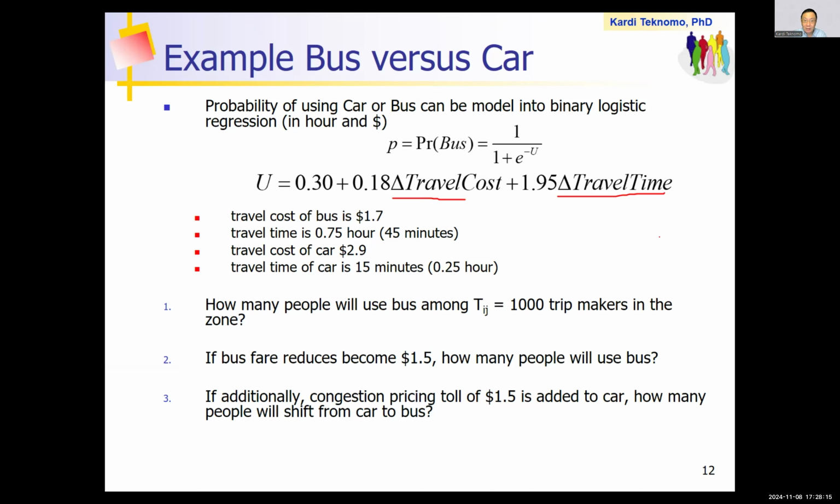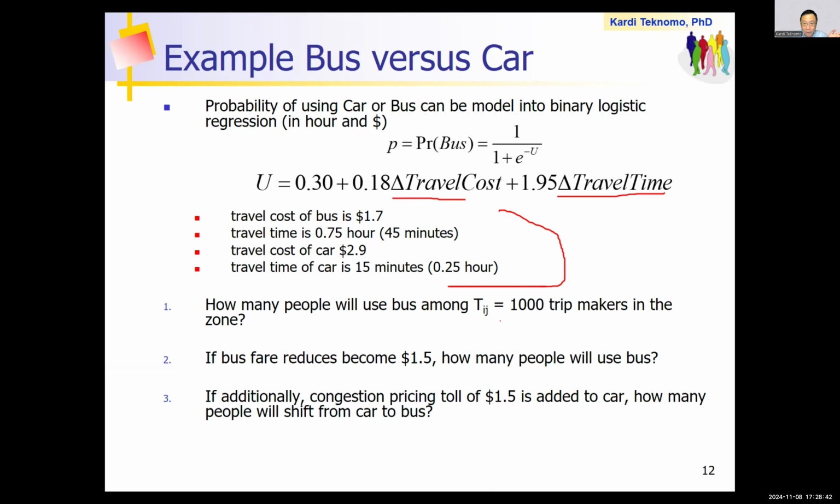This is the delta, the difference of travel cost and travel time. This is the default value, which is current. The travel cost of the bus is 1.7, the travel time is 0.75 hours, and the car is this one, and so on.